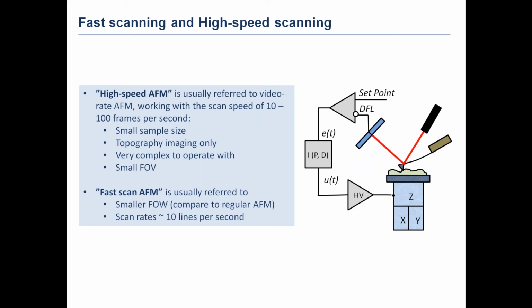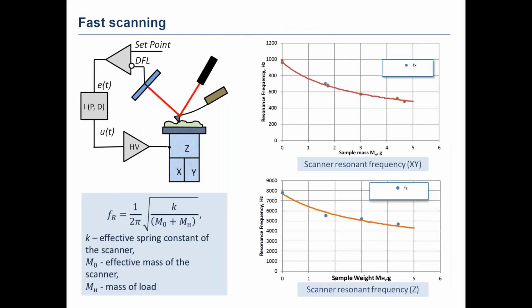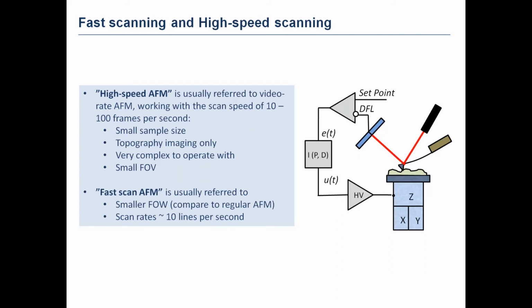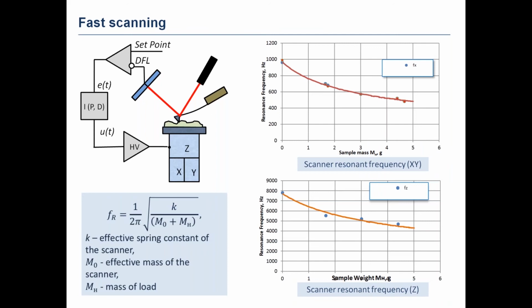Another group of so-called fast scan AFM usually refers to a smaller field of view compared to regular AFM, and scan rates about 10 times larger than typical scan rates in AFM, which corresponds to the order of 10 lines per second. In this presentation we will talk about the fast scan option, and for this option the key limiting factor is the mechanical resonance of the scanner.